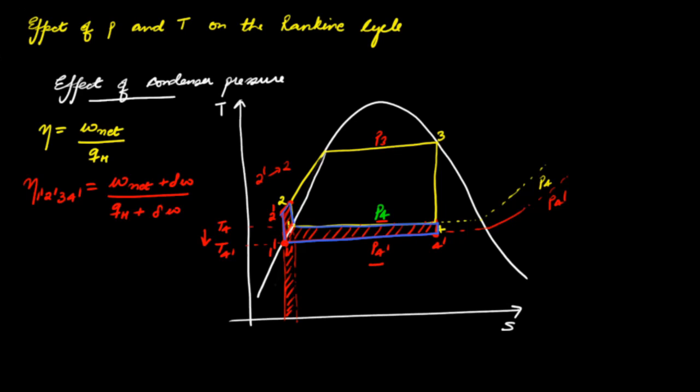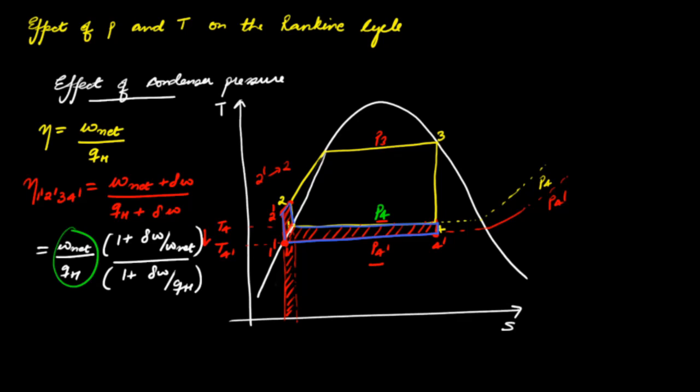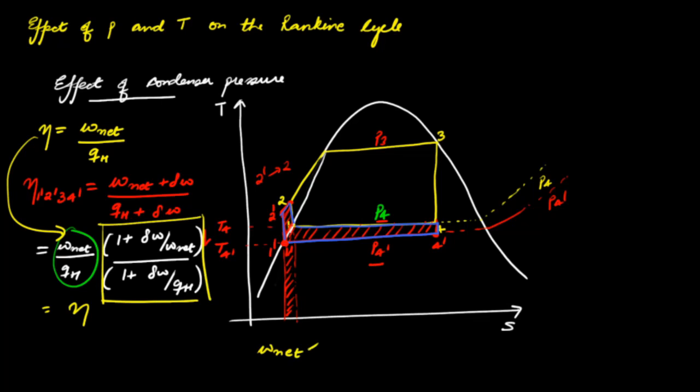So if we look at this expression, this can be written as, so clearly this part is our efficiency of the cycle 1, 2, 3, 4 that is shown in the yellow color, whereas this part, if you see, because the net work is less than the heat that is absorbed, you can confirm that this ratio is greater than 1.